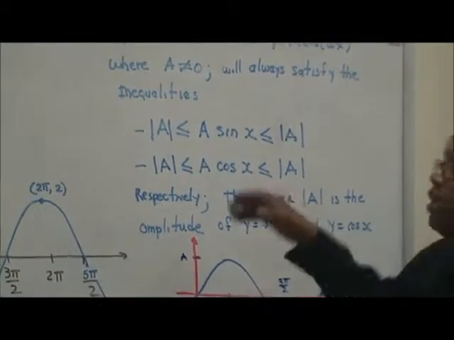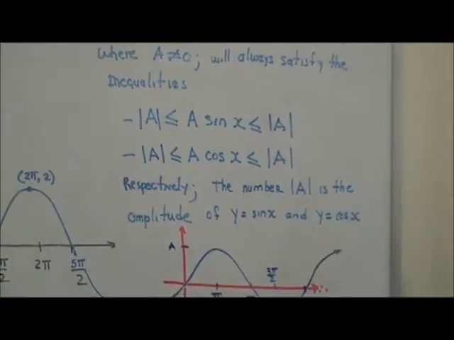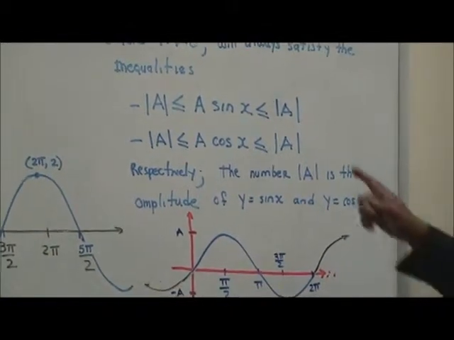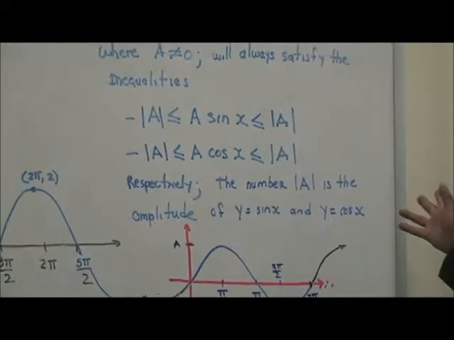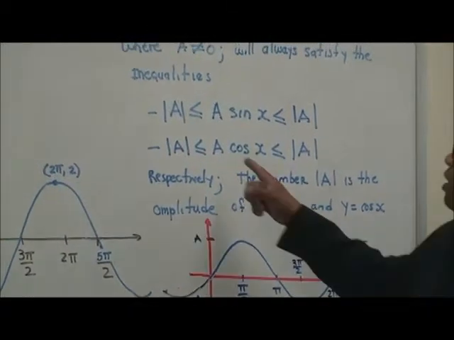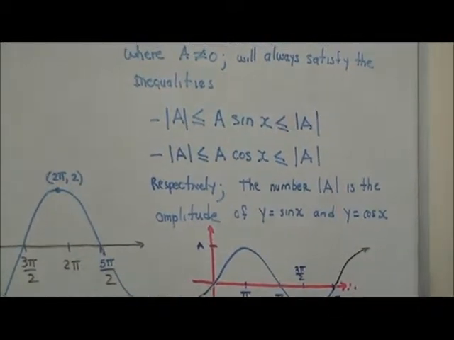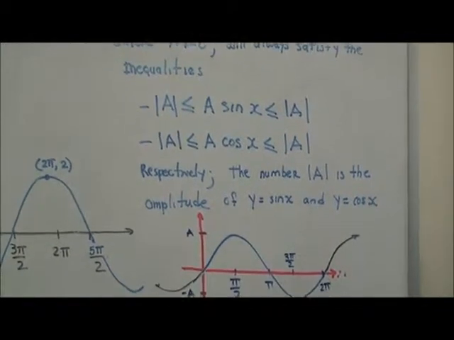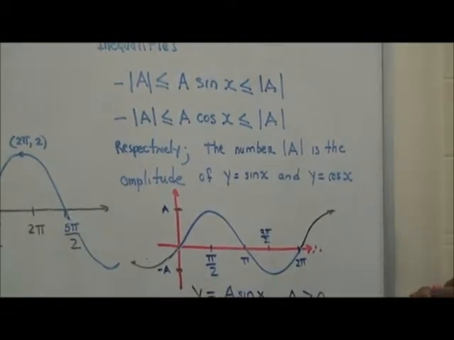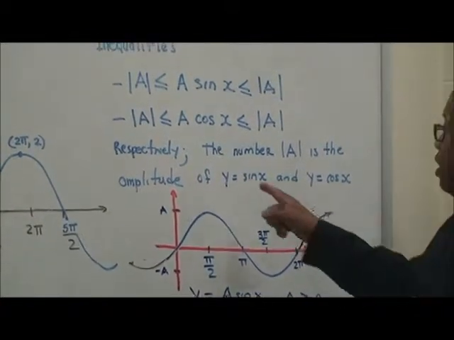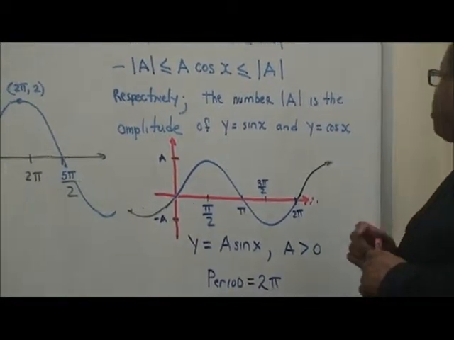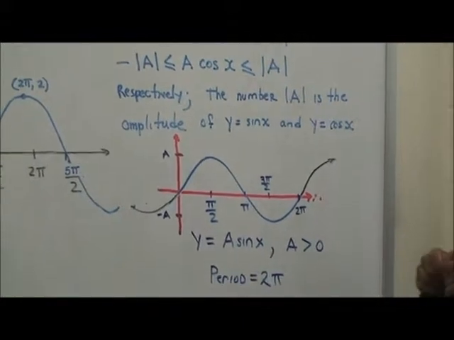It will always satisfy the inequalities: negative absolute value of a less than or equal to a sine x less than or equal to the absolute value of a, or negative absolute value of a less than or equal to a cosine x less than or equal to the absolute value of a, respectively. So the absolute value of a is the amplitude of y equals sine x and y equals cosine x, as you see right here.